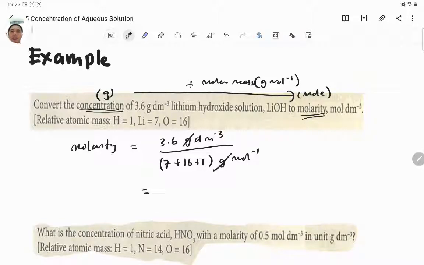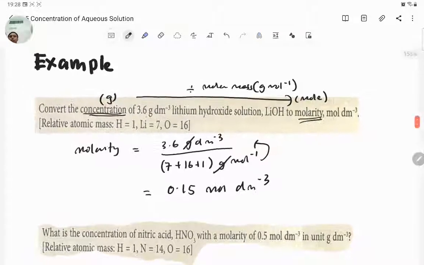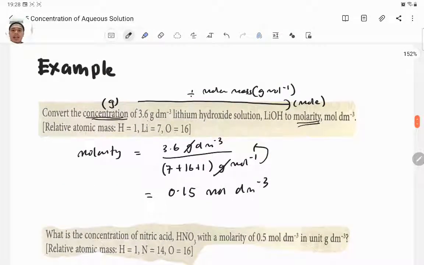Gram. So hanya tinggal sekarang dm-3 with mole -1. So 3.6 divide with 7 plus 16 plus 1. So you will get 0.15 mole. Bawa ke atas, and it become this one. Right? So itu sahaja dia punya conversion.